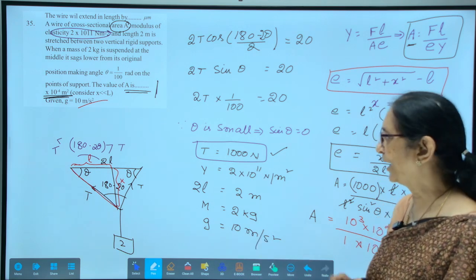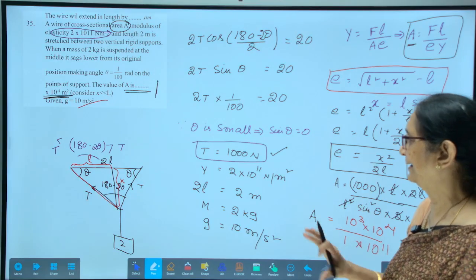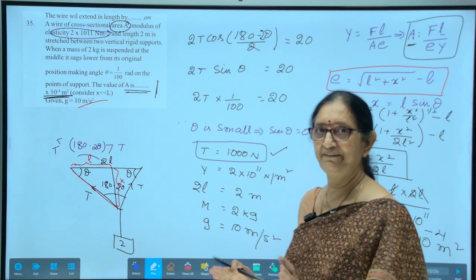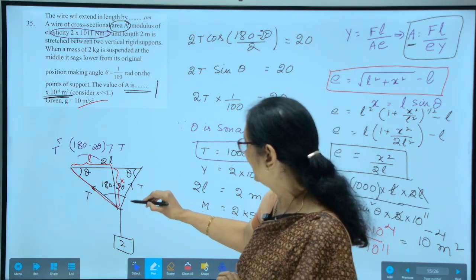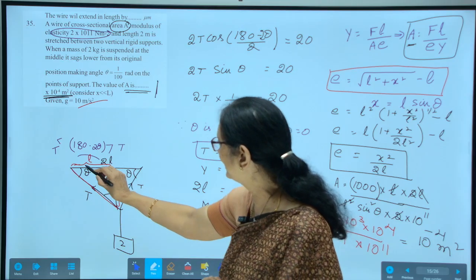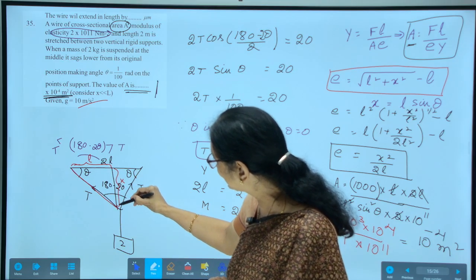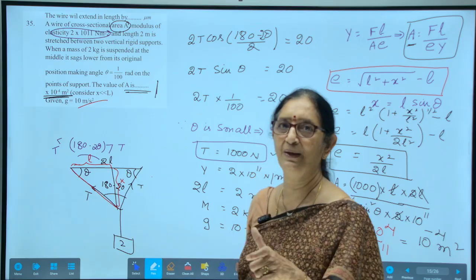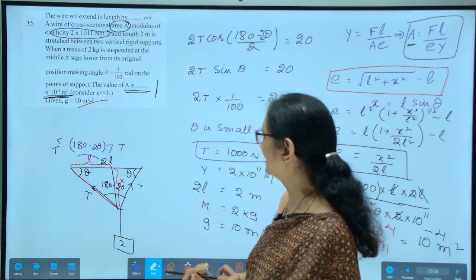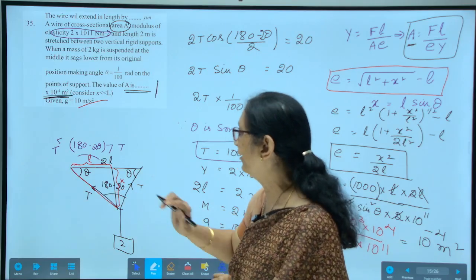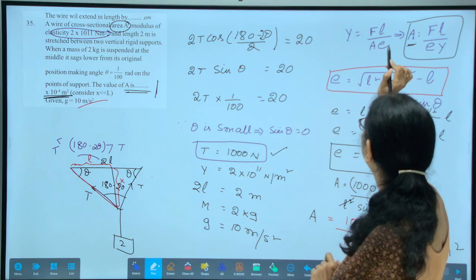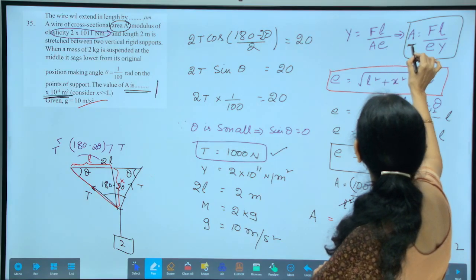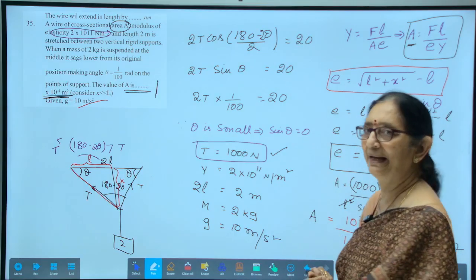Okay, is that problem clear? I am just explaining, it is simple, not that difficult, but it's an interesting problem. See here, the load is suspended from the center of that rope, so it gets depressed by a distance equal to x. So, you are supposed to find out the area of cross section. We have only one formula, Y is FL by AE, from which A is equal to FL by EY.